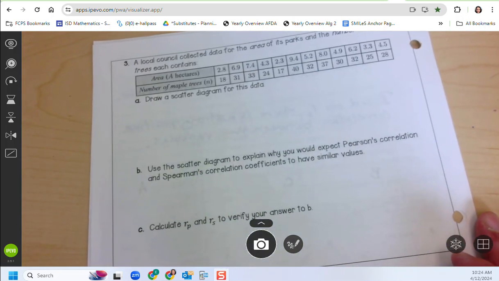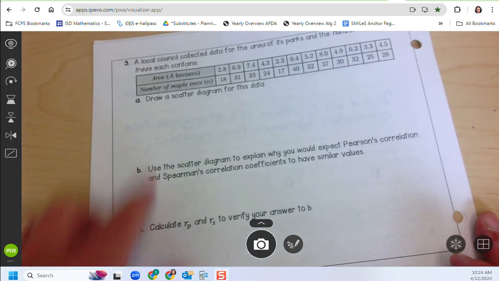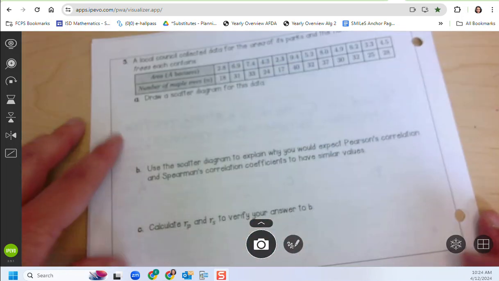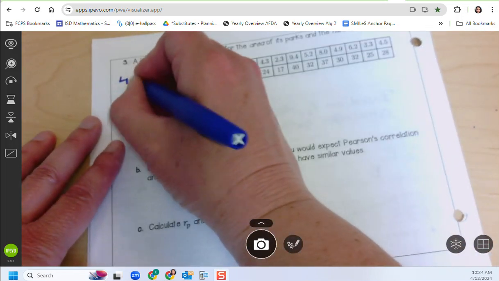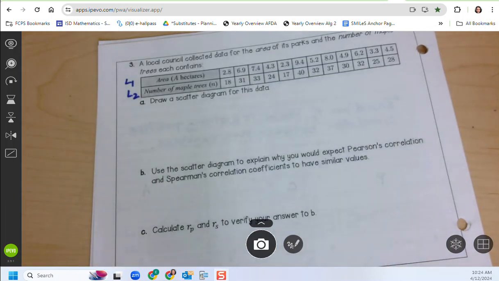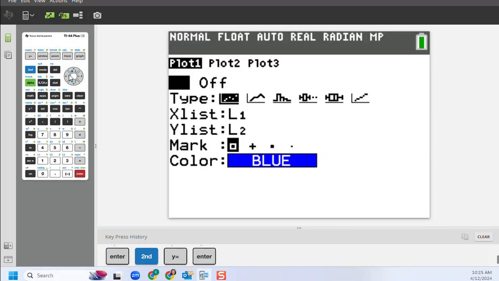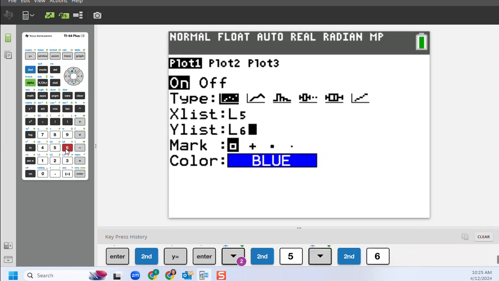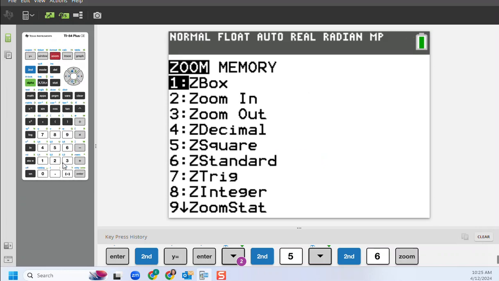Okay, and then I'm going to do zoom stat. Mine looks like that. Anybody else get that yet? Okay, so it does seem to be increasing, not quite linear, but maybe linear-ish. It's definitely not exponential. I might call that linear-ish. We're going to see, okay?